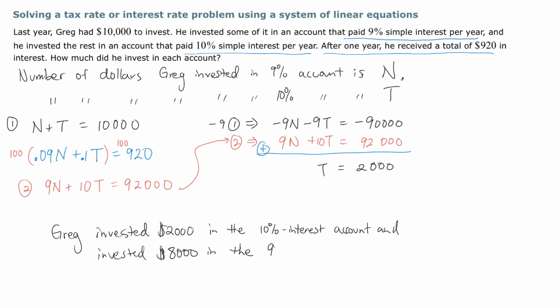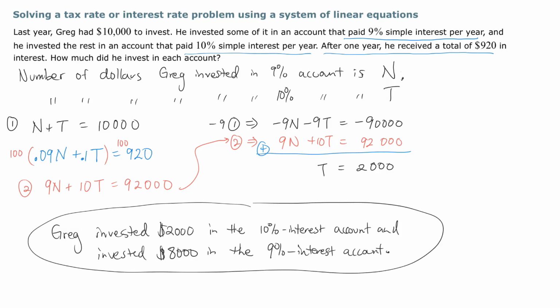In the 9% interest account. And there you go. Typically, if you're given a problem in sentences, you want to answer it back in sentences.